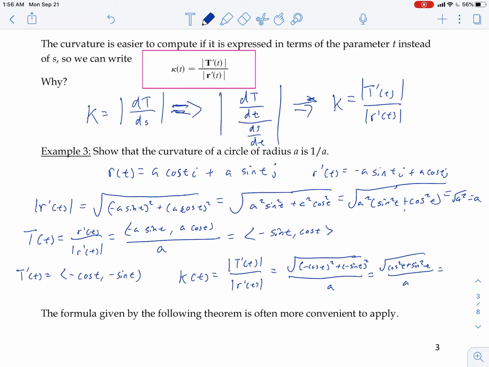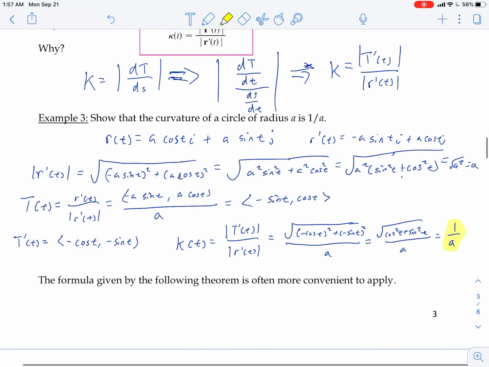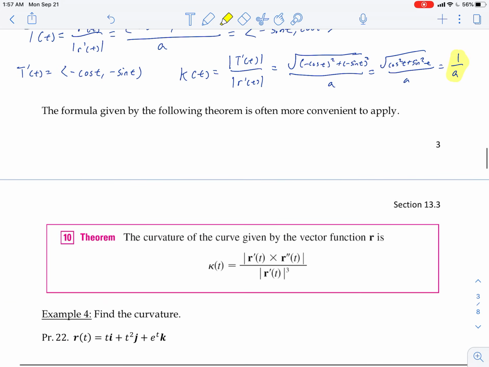That's going to give us the square root of cosine squared t plus sine squared t, all over a, which is just 1 over a. And there you see that the curvature of a circle with a radius of a is just 1 over a.